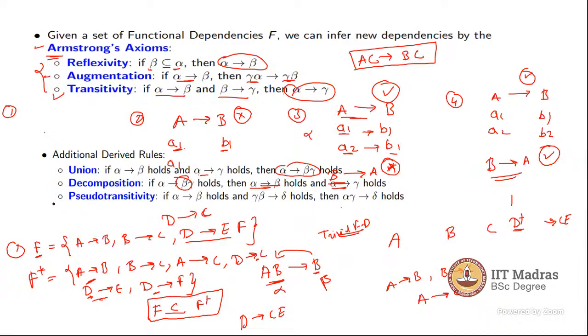Another concept that you will learn is minimizing the set of functional dependencies so that you can still derive all the functional dependencies from that set. That is, the F closure remains the same, but F is the minimum set of functional dependencies. With only those minimum functional dependencies, you can still arrive at the same F closure, right?